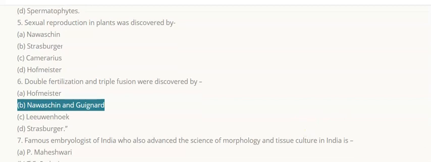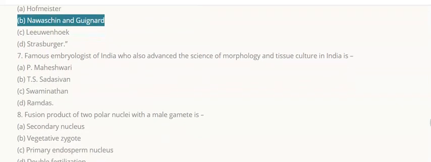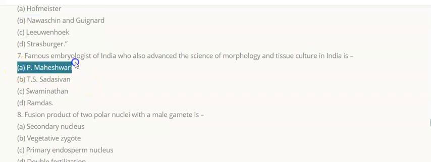We move to question number 7. A very simple question. Famous embryologist of India who also advanced the science of morphology and tissue culture in India is P. Maheshwari, T.S. Sadasivan, Swaminathan, and Ramdas. Well, they are all very prominent figures otherwise. Swaminathan had a tremendous background in wheat research.